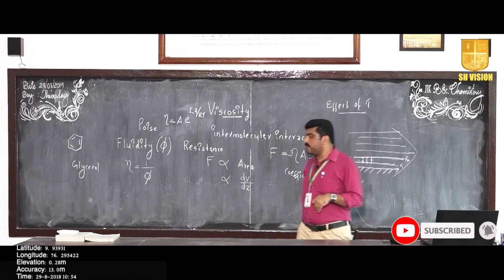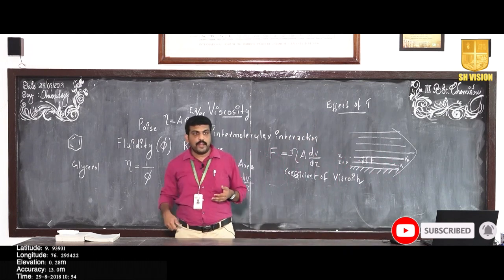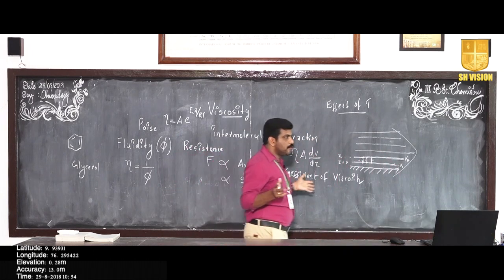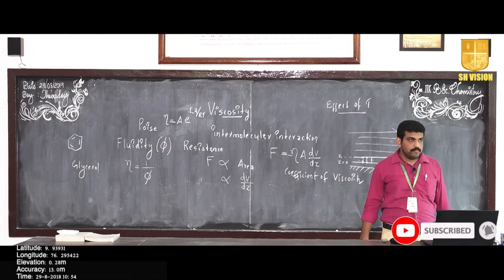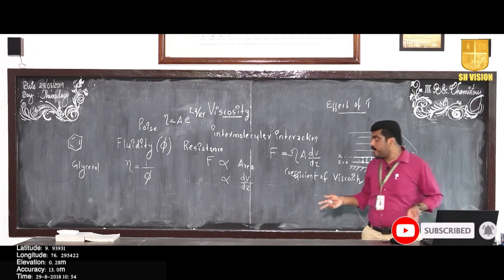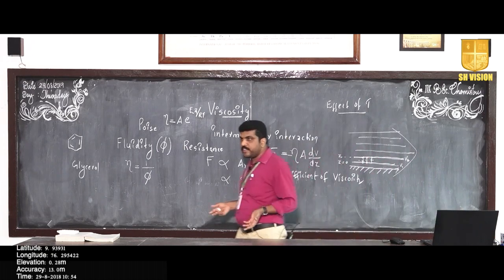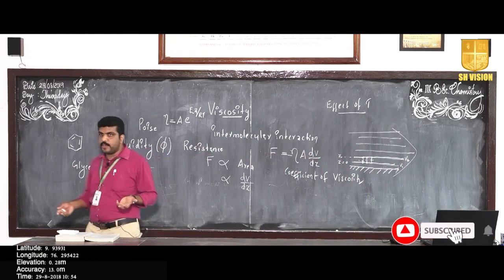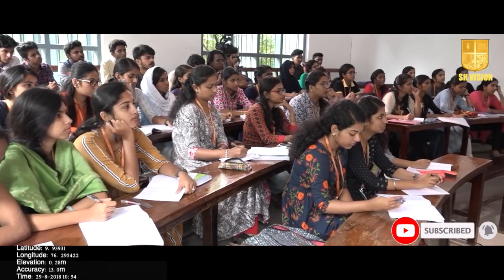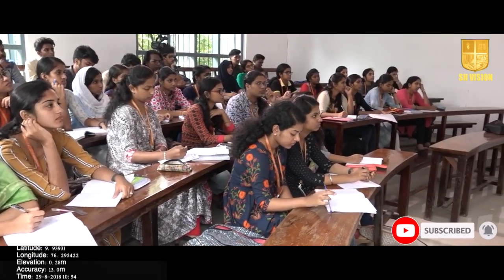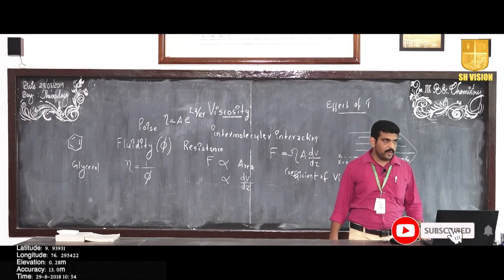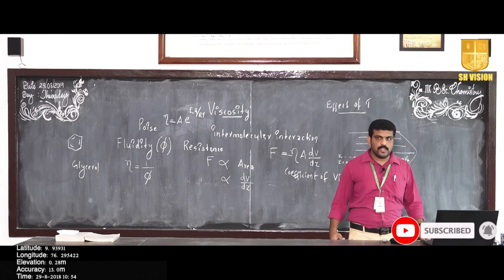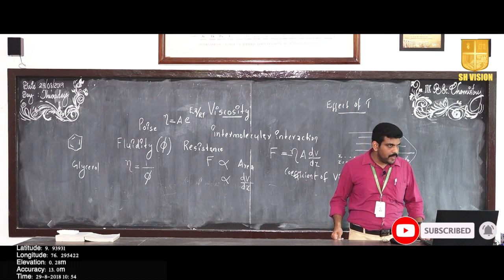So this equation you can use to find out the viscosity of two liquids. If you take the logarithm and find out the viscosity at two different temperatures, then you can easily find out the viscosity of a liquid at a particular temperature, given the viscosity of the liquid at a standard temperature. So this is how viscosity is related to temperature.